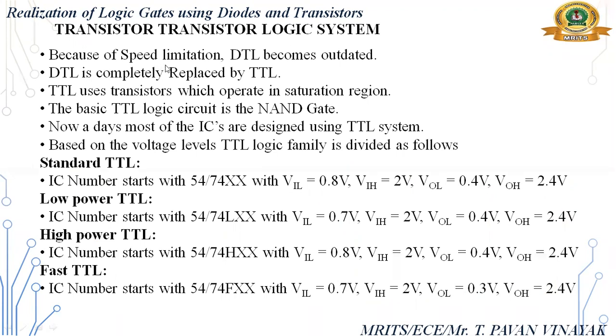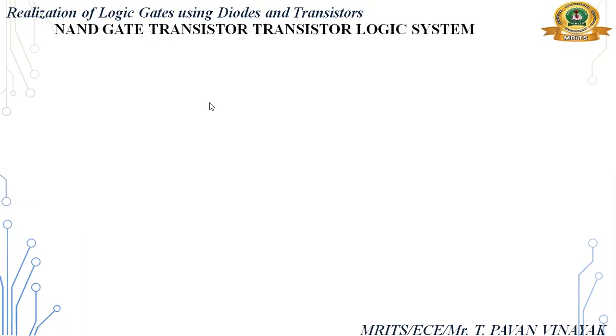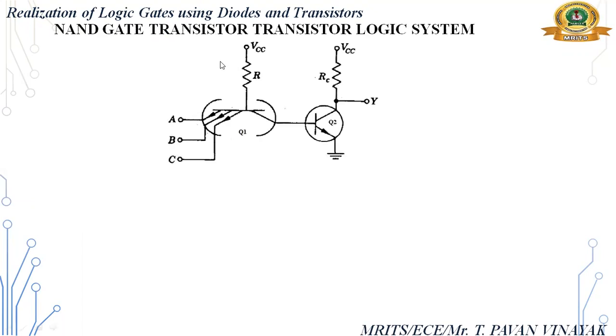So let us see the NAND gate using TTL. In TTL we use two transistors, transistor 1 and transistor 2.